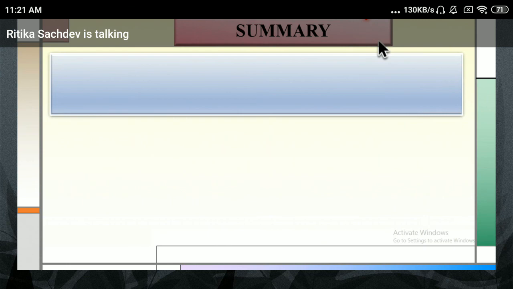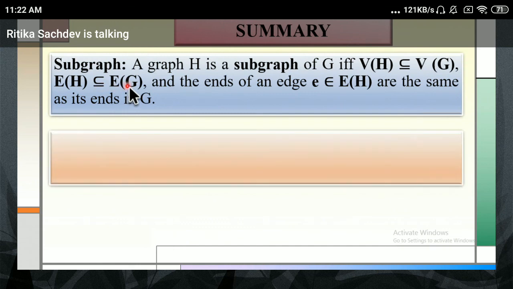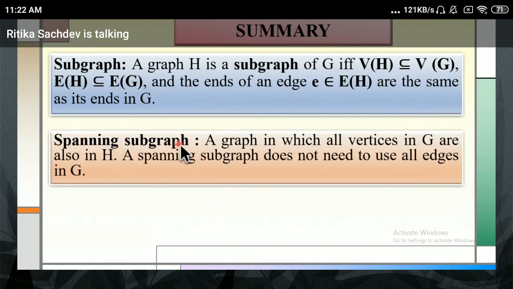So this is what we had seen for subgraph. In the subgraph we said the vertex set should be a subset, edge set should be a subset. So we have VH is a subset of VG and EH is a subset of EG. Then we proceeded with spanning subgraph.